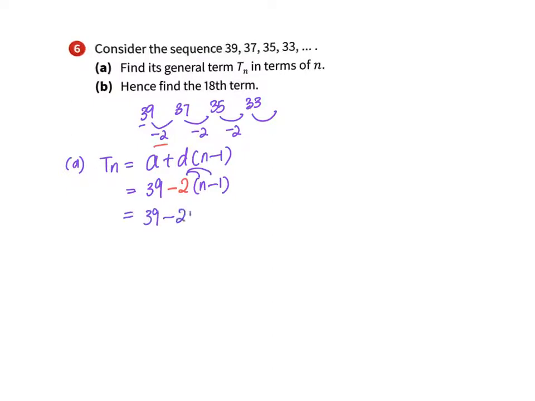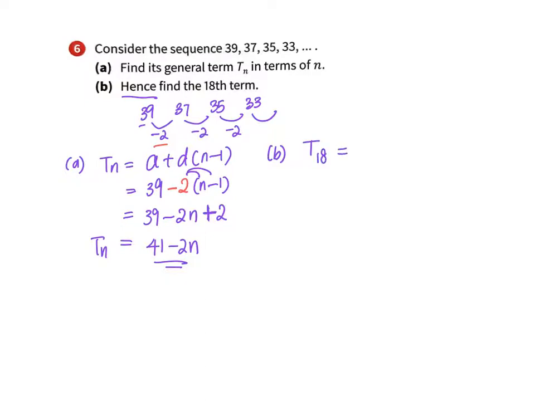Be careful of the negative sign. Negative 2 times negative 1 will give you plus 2. Hence I got 41 minus 2n. Okay, so this will be the general term Tn. Then part B, hence, I need to use this formula to find the 18th term, term 18.